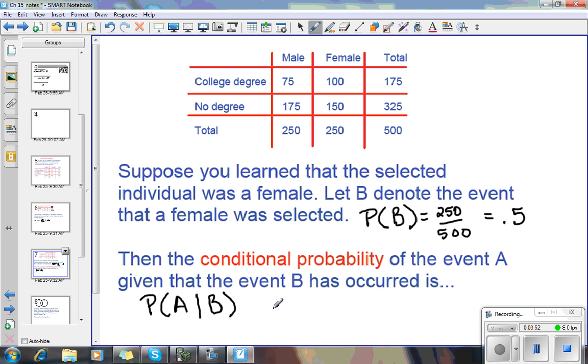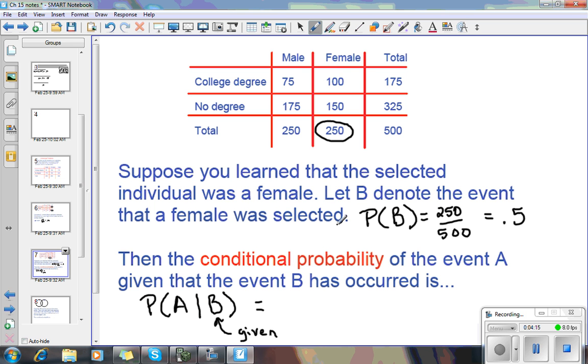So this is a notation that we're going to use. This is the part that's given. Okay, so in our example here, we're saying, given that it was a female, so this becomes my sample space, then what's the probability that they would be pursuing or receiving a college degree?